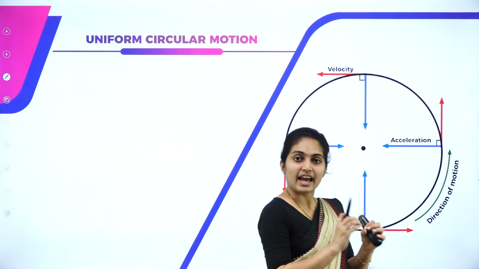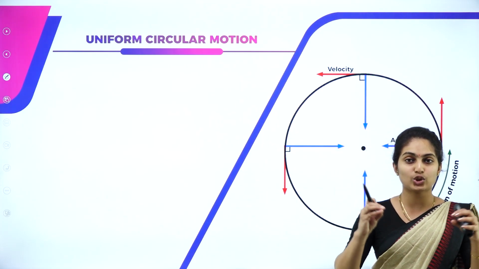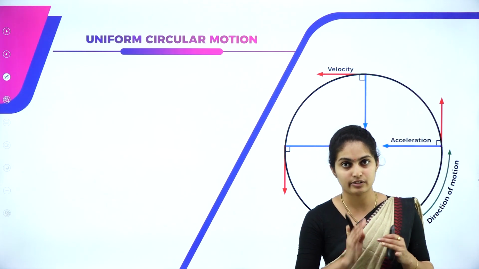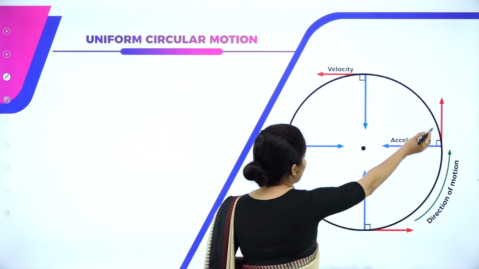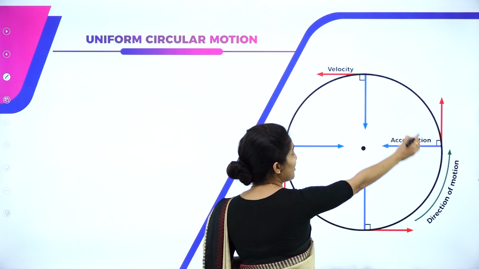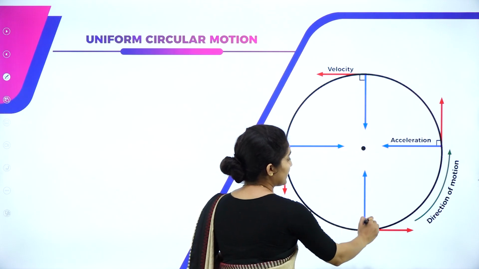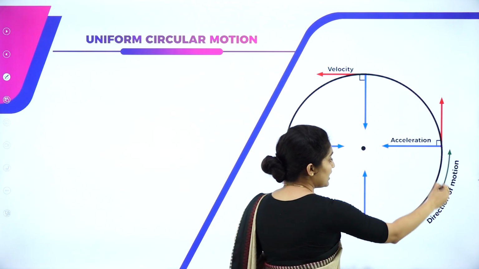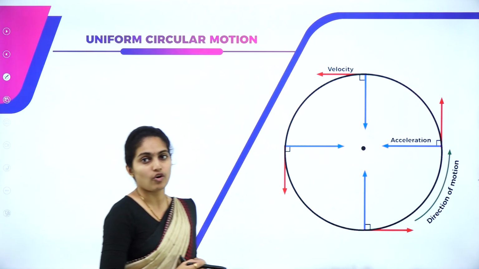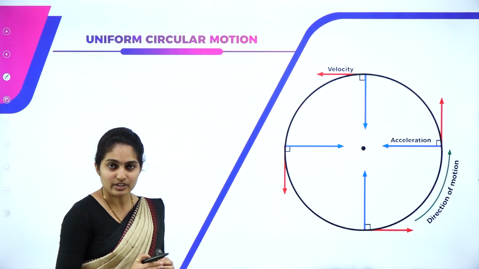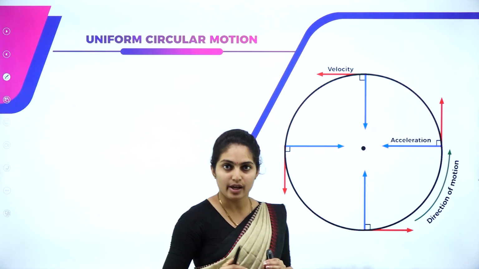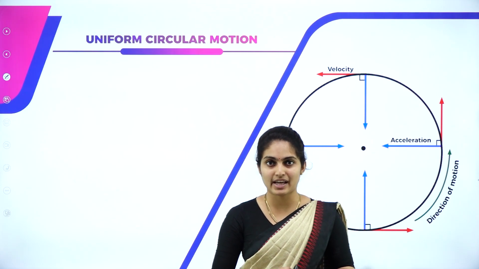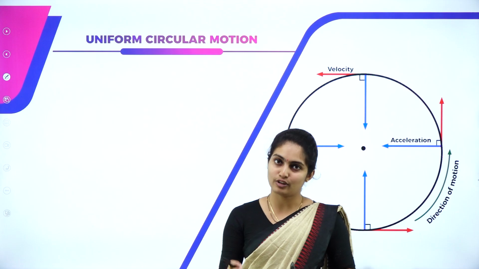Any acceleration or force acting towards the center is known as centripetal acceleration and centripetal force. Here the red line symbolizes the velocity, and the blue line gives you the acceleration of a particle moving on this circumference, and this would hold as the direction of motion of the object. So whenever an object moves in a circular path with a uniform angular velocity, it can be termed uniform circular motion.